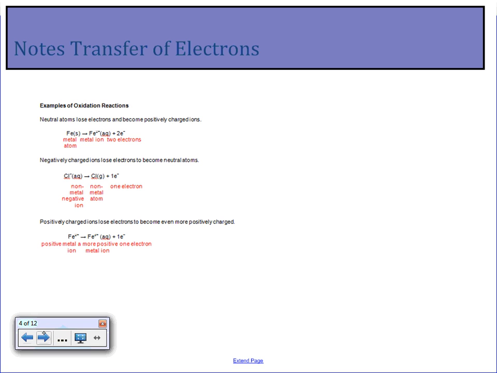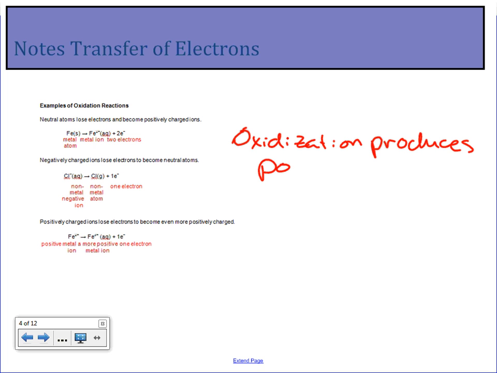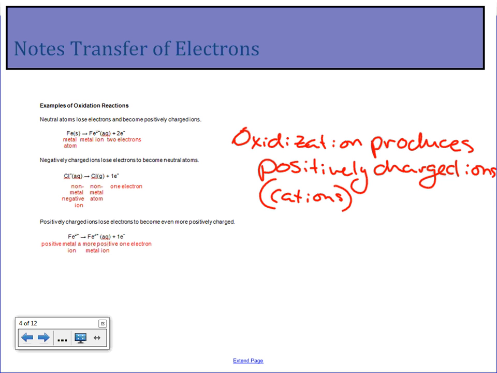Now we have examples here of oxidation reactions. Neutral atoms lose electrons and become positively charged ions. So oxidation produces positively charged ions known as cations, okay?